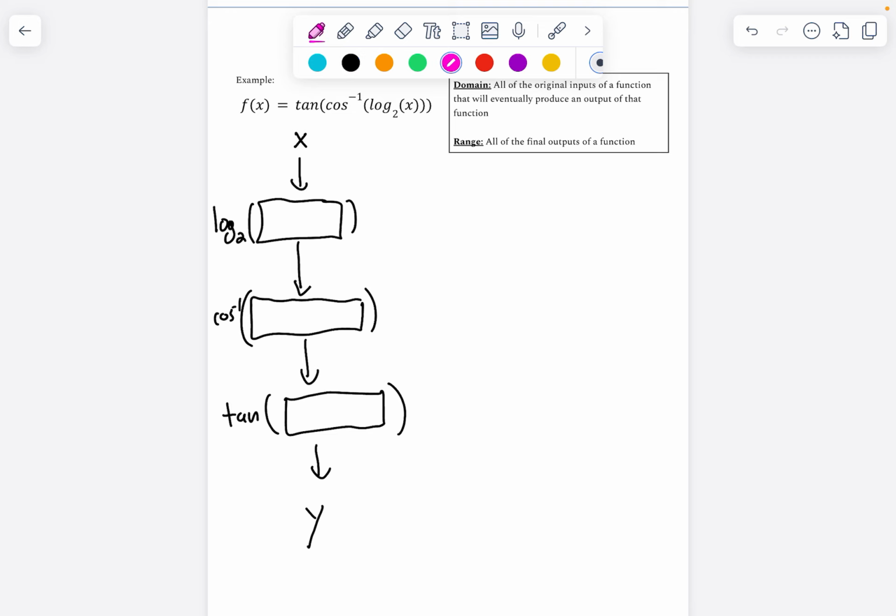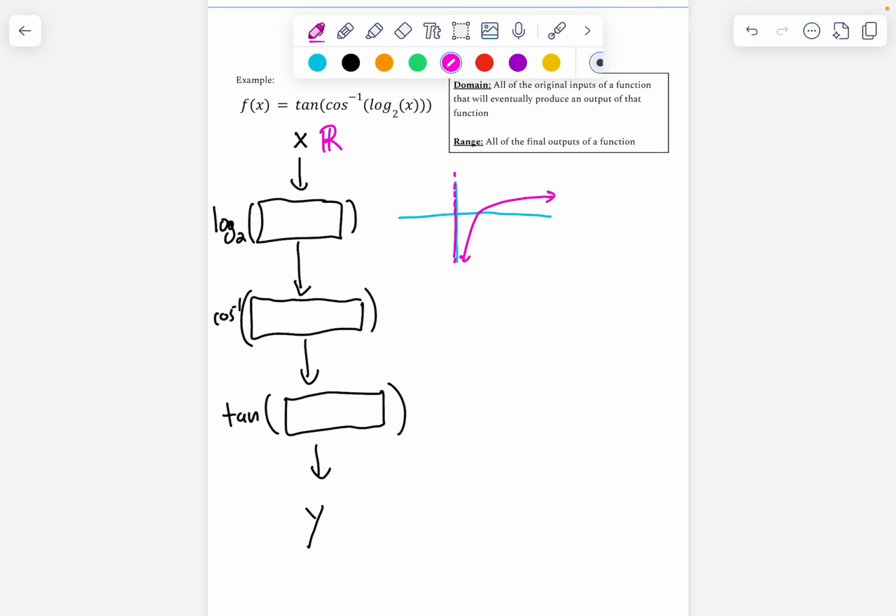So our x's, we're going to start with all real numbers. Some of them might work, some of them might not, but that's where we start. Our log function, log base 2, we're going to sketch a little curve. Log functions have a vertical asymptote, or the parent ones do, at x equals 0, and they only accept positive inputs, and they give out all real numbers.